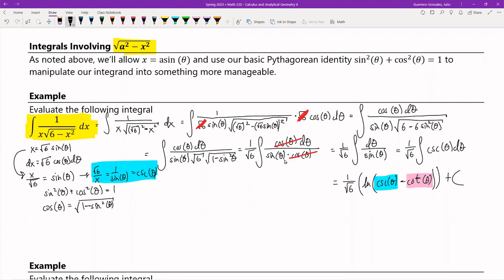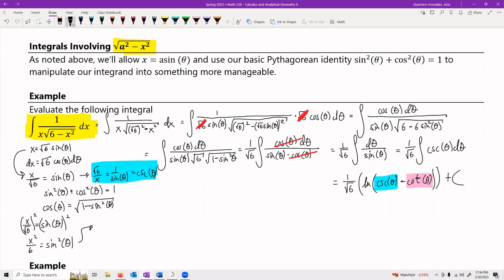So this is what we're going to end up trying to construct here using this right here. If x over √6 is equal to sine theta, then if we square both sides, we have x squared over 6 is equal to sine squared theta. 1 minus x squared over 6 should be 1 minus sine squared theta, and this is equal to cosine squared theta.